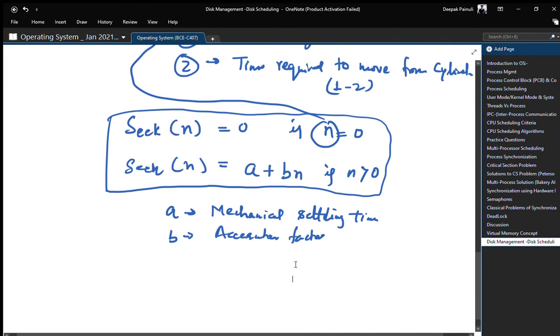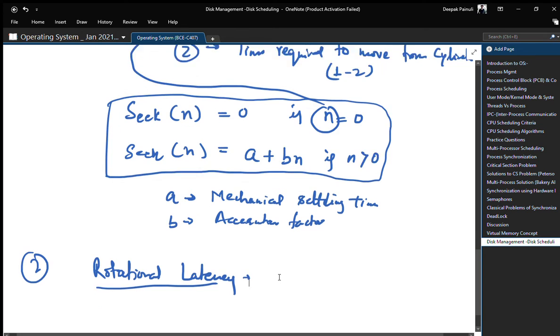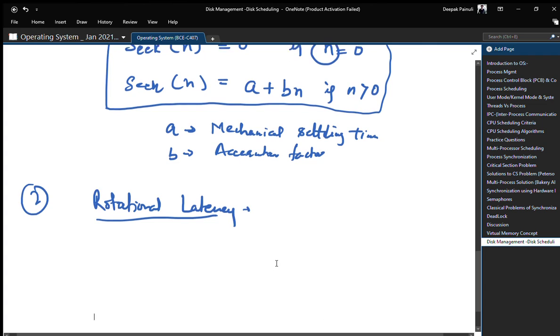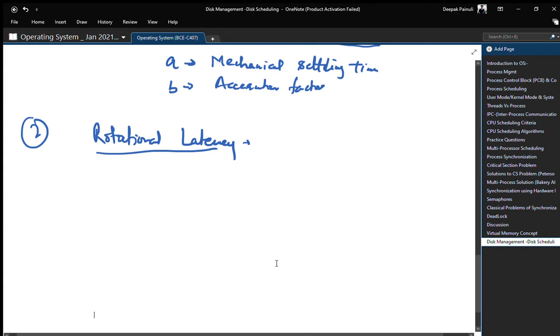Second criteria will be rotational latency. What is it? It is simply the time required for moving our platter to the correct position, right? Because the head cannot move in a circular way, right? So we need to move the platter.